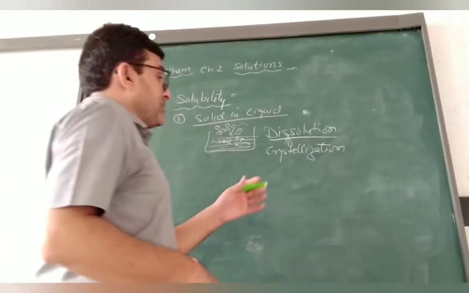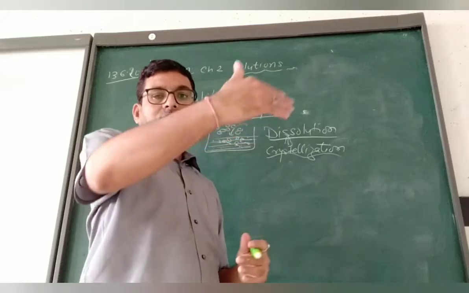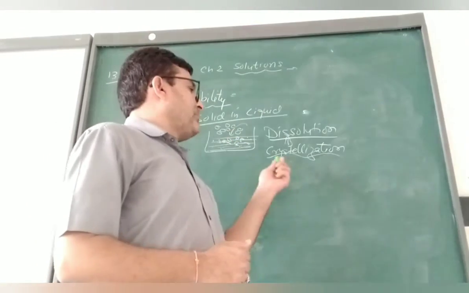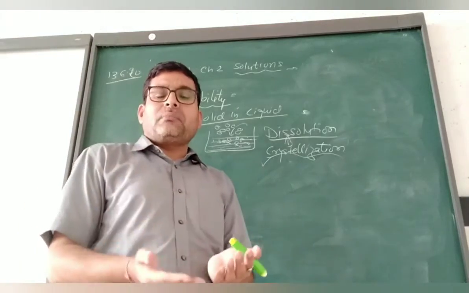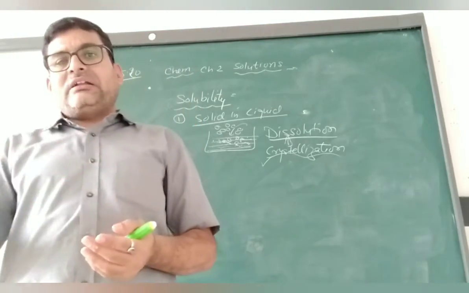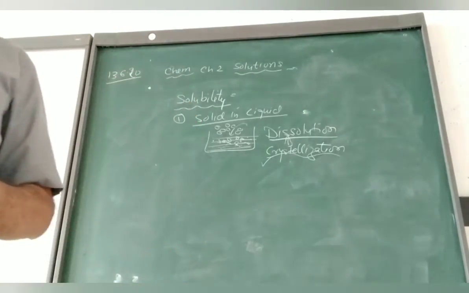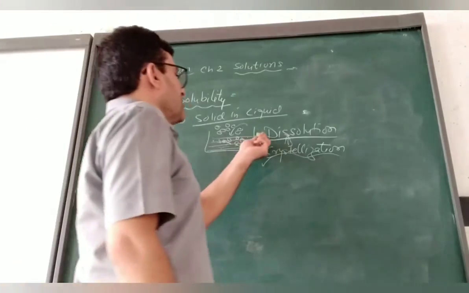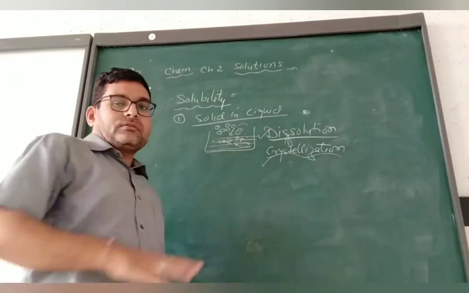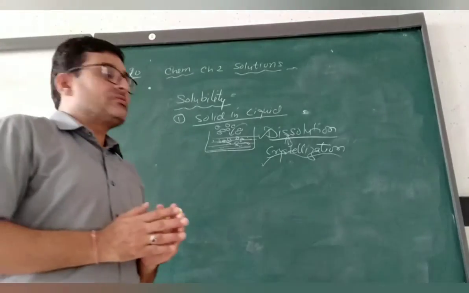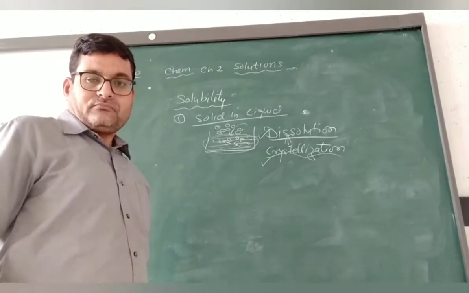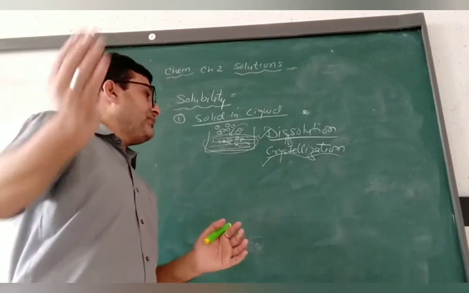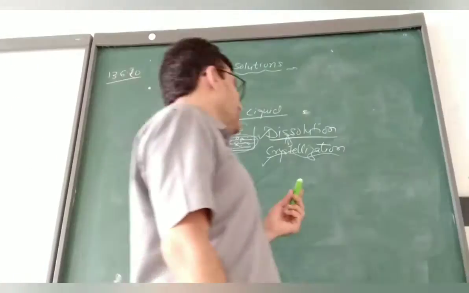If any one of the processes exceeds, suppose crystallization is more, then all the solute comes out as a precipitate and the equilibrium goes in one direction. And if dissolution is more, then it will dissolve. So a stage is reached when no more solute can be added to the solution; if we further add the solute, it stops.